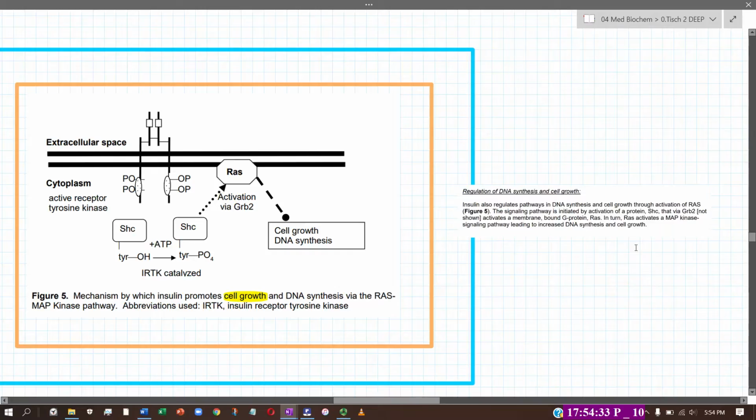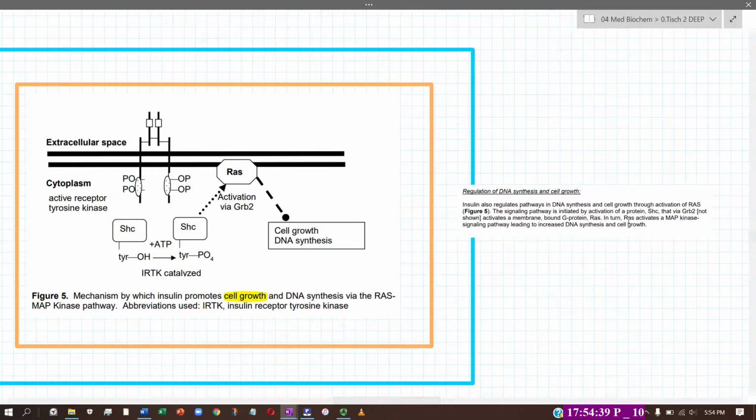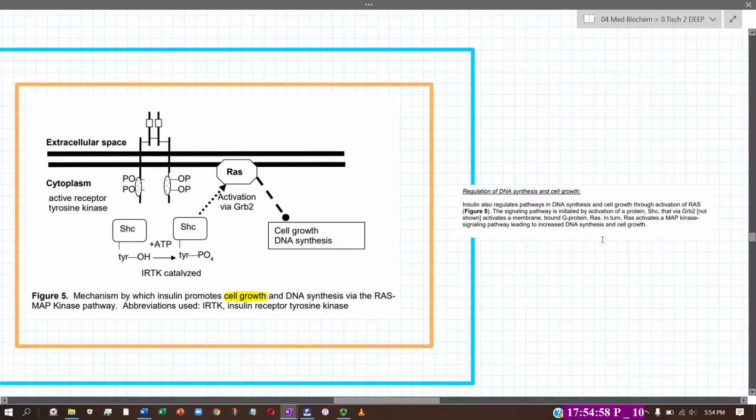So anyway, when RAS gets activated, it in turn activates a MAP kinase signaling pathway that leads to increased DNA synthesis and cell growth, which makes sense. If you have glucose in the bloodstream, that made insulin get secreted at a higher rate.